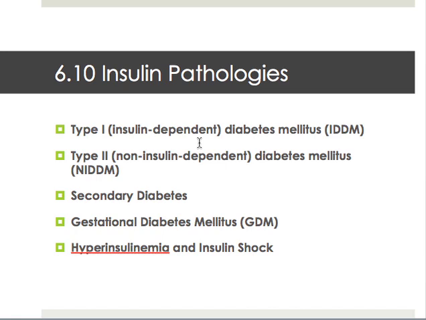A lot of times, women who suffer from GDM will eventually become type 2 diabetic. There are also very few cases of hyperinsulinemia that result from an insulin-secreting tumor, but this is very, very rare. There's also something called insulin shock, which we will discuss in class in more detail.